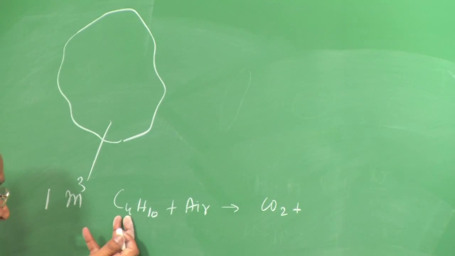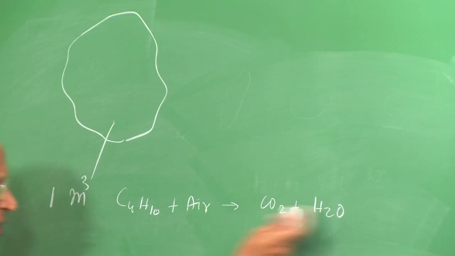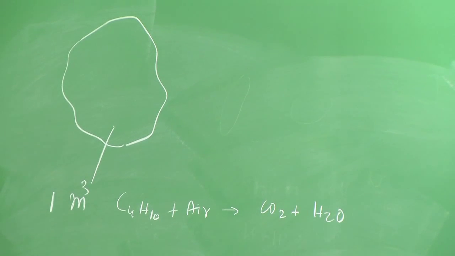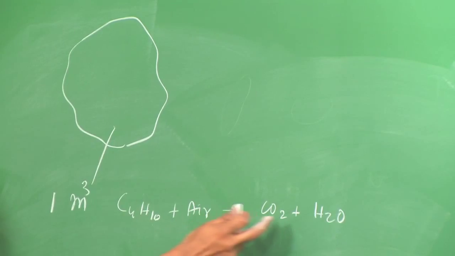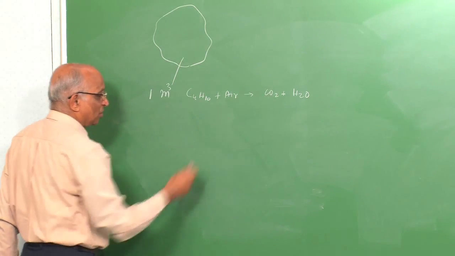I have carbon dioxide which could be formed, I have water which could be formed. Supposing these are the two substances which are formed, I presume they are formed, and we must be able to calculate them as we go along.